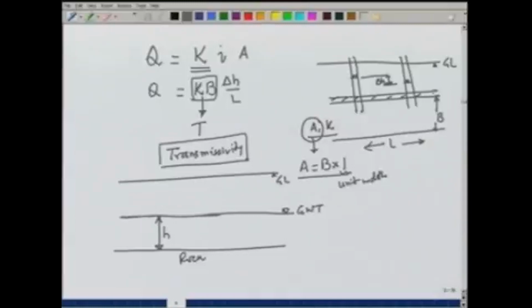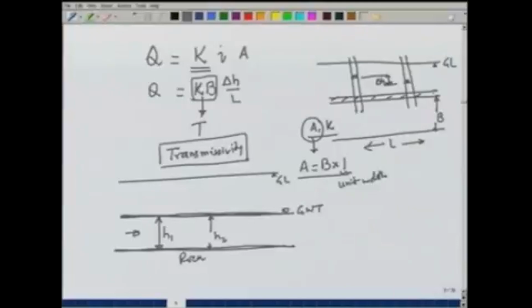So, if there is a gradient here, then we will have some height H 1 and a smaller height here H 2, depending on the location of the bedrock. If the bedrock level is assumed horizontal, then with a gradient like this, H 2 will typically be smaller than H 1.